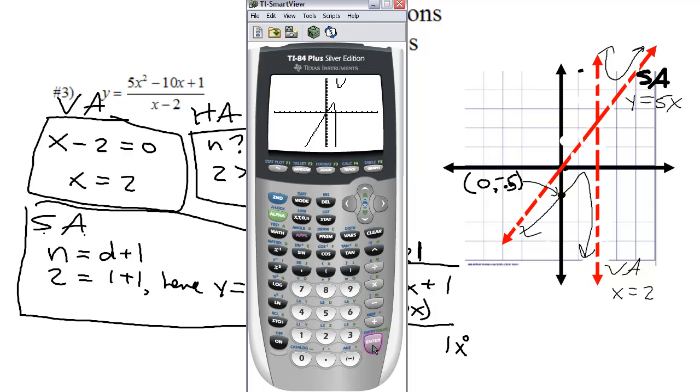and I'm not sure what just happened there. Let's try that again. Second, calculate 0, left bound, enter, right bound, enter, guess, sure, 0.1.